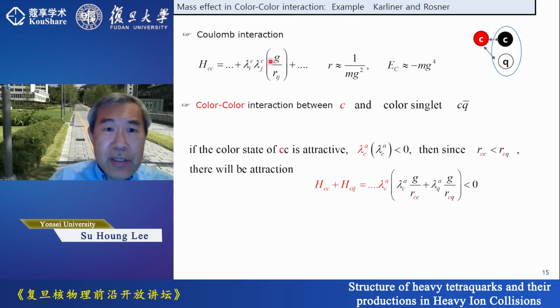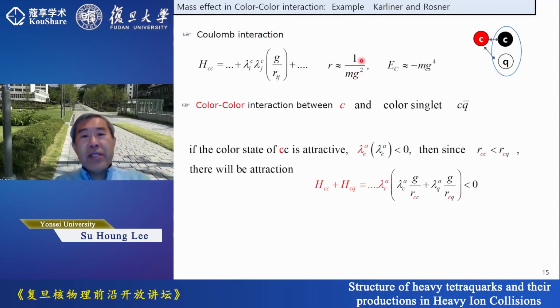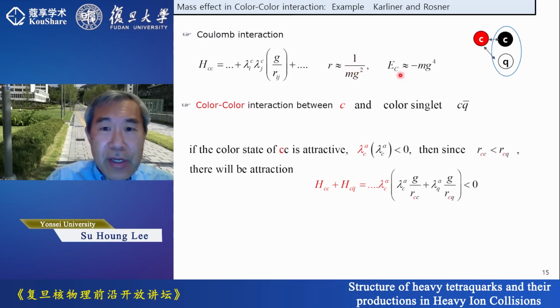This can be easily seen by just looking at the two-body problem, assuming a Coulomb potential. If you have a 1/r potential, then the Bohr radius goes as 1/(mg²), and the energy goes as mg². So therefore, the distance obviously depends on the quark masses.